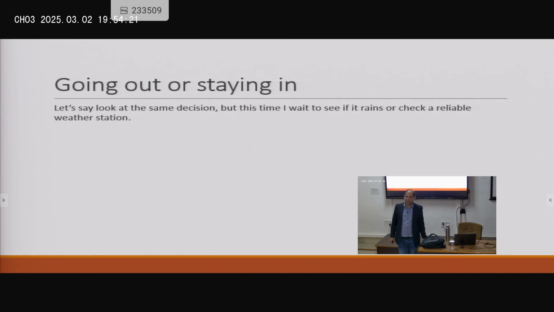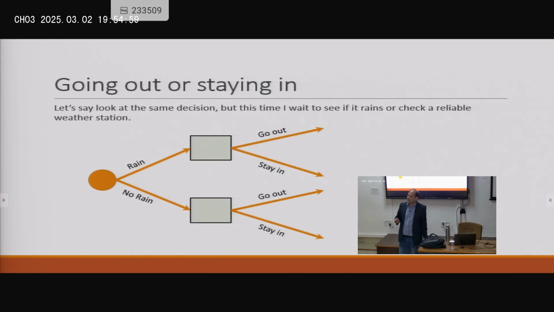How will the decision tree change? At first, the uncertainty gets resolved, right? The weather station will say rain or no rain. And then we make a decision of go out or stay in. And the outcomes in each combination will stay the same. Each combination, you've got to keep that in mind.